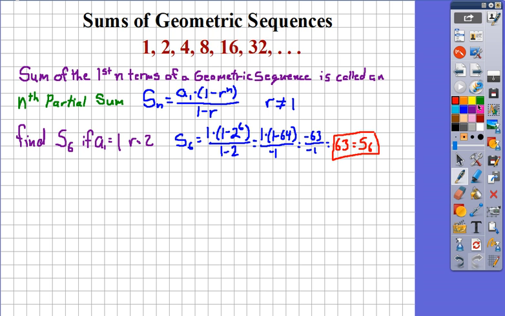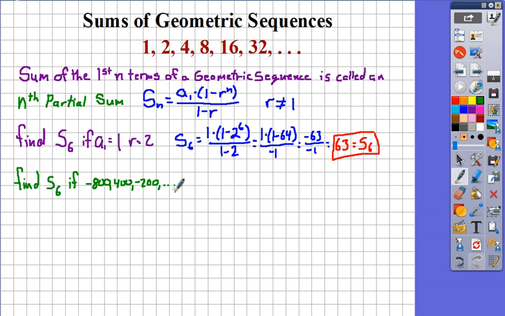Okay, so let's take a look at what happens if we have a different sequence. This time, let's again find the sum of the first 6 so we can count it out if we need to. But this time, let's say we have the sequence negative 800, 400, negative 200, dot, dot, dot.